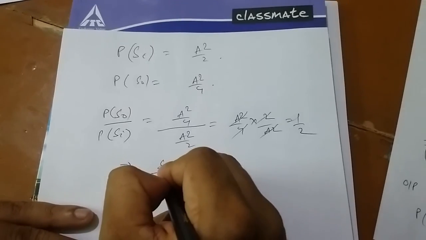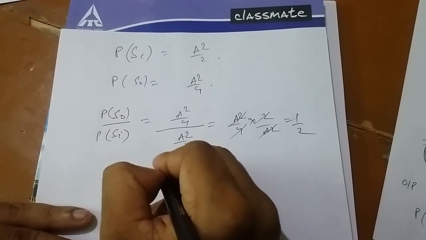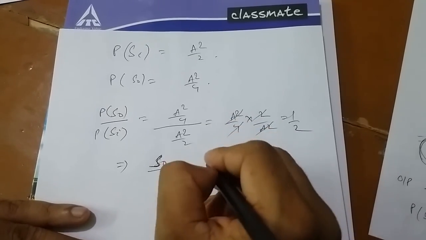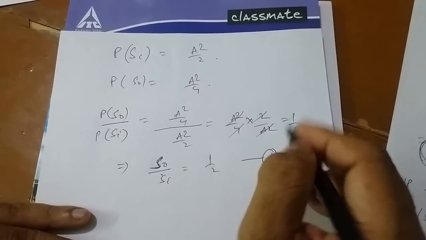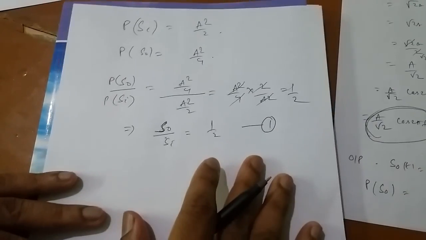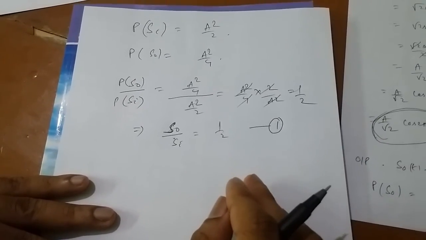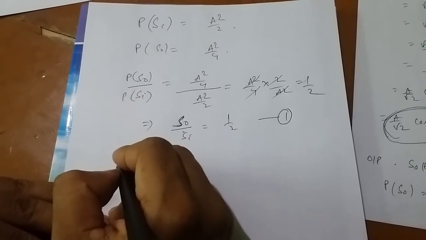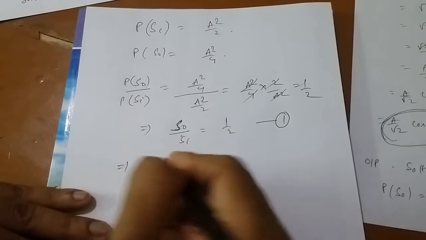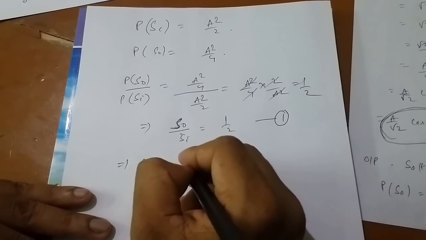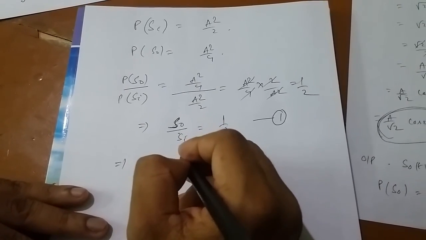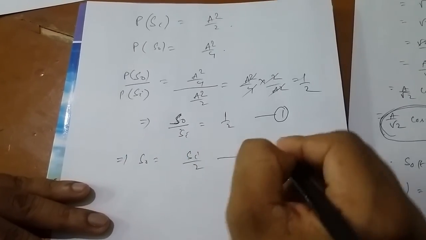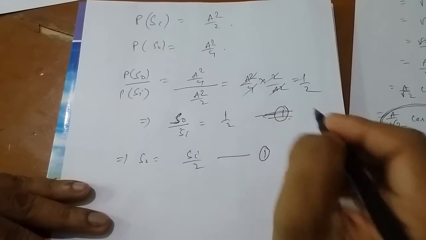Let us denote it as capital S0 by capital Si equal to half. Let us give this as equation 1. So you have seen that the output has been decreased by 1 by 2. That means output equal to input by 2.